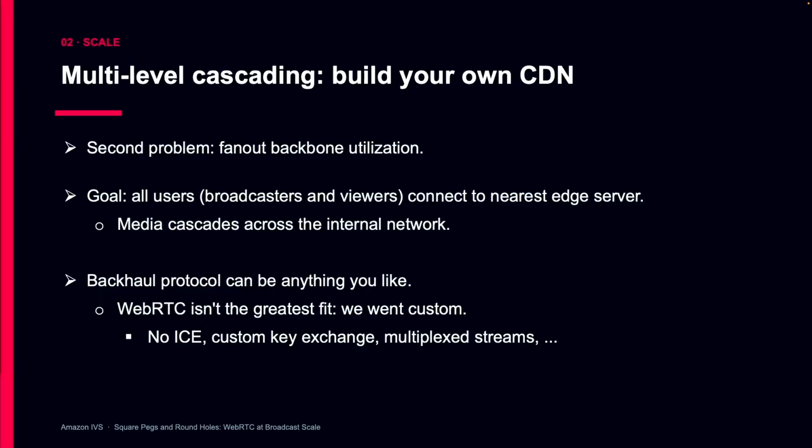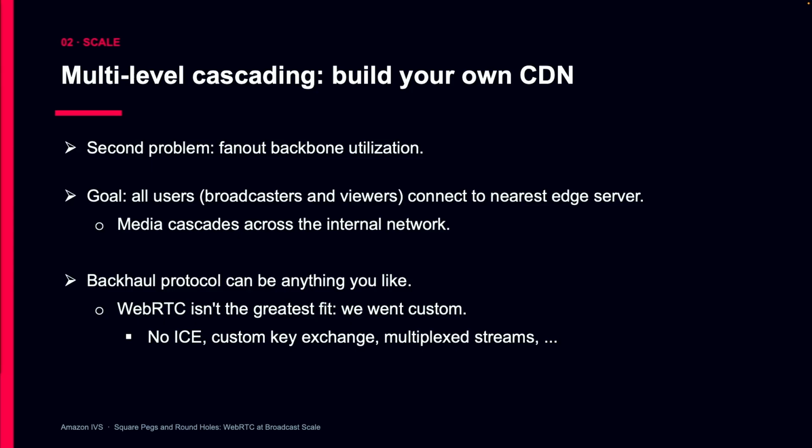All right, second problem, content distribution. How do you get your media across regions? Obvious solution, you build your own CDN so that everybody can connect to the nearest edge. But we needed to cascade this video out. You can choose whatever protocol you want when you're talking to your own servers, and we looked at a few different things, including TCP and QUIC.